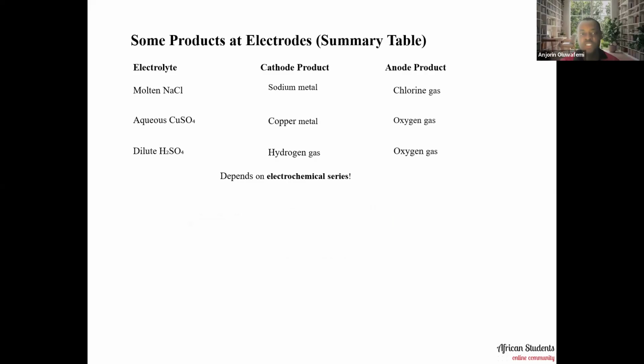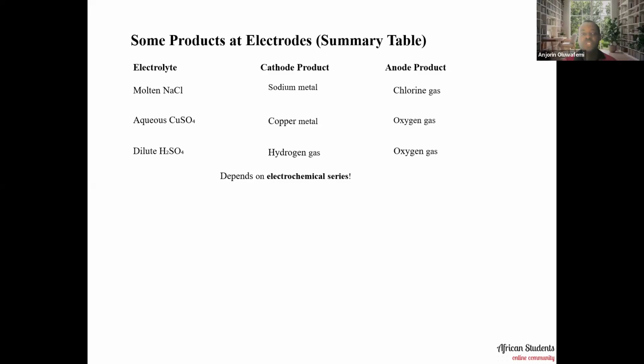So I'll just look at this table. It has electrolytes, cathode products, and anode products. When you have molten sodium chloride, what you have deposited at your cathode is sodium metal, whereas at the anode you have chlorine gas.